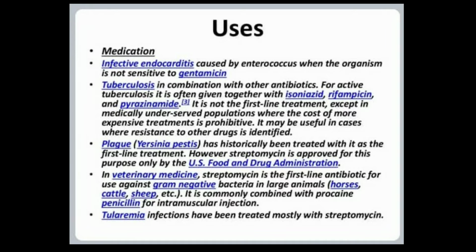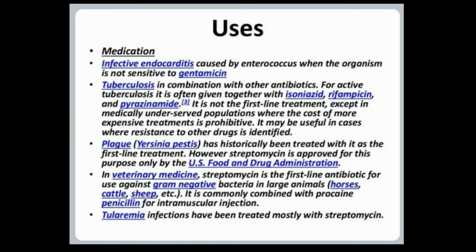It is not a first line treatment, it is accepted medically in underserved populations, where the cost of more expensive treatment is prohibitive. It may be useful in cases where resistance to other drugs is identified.